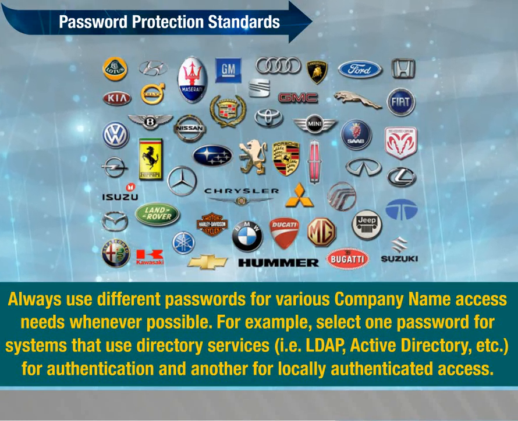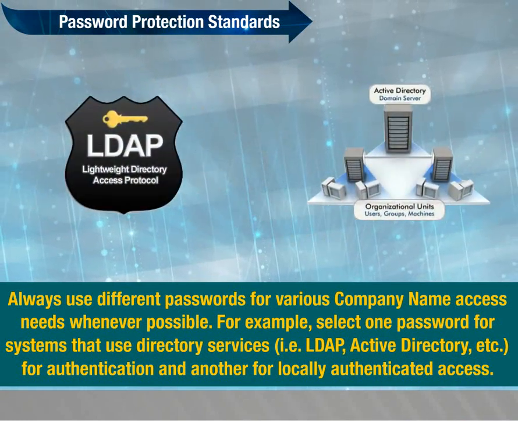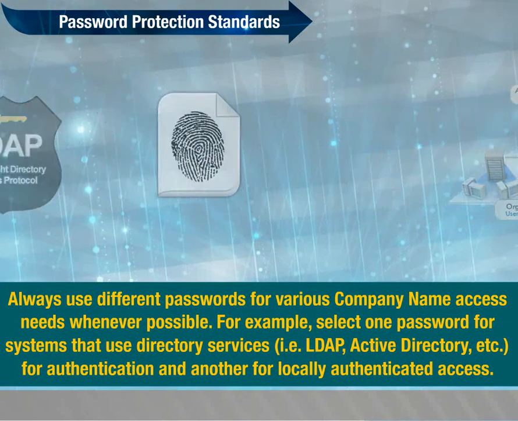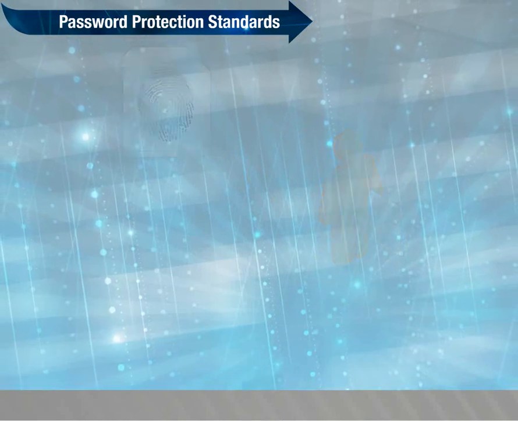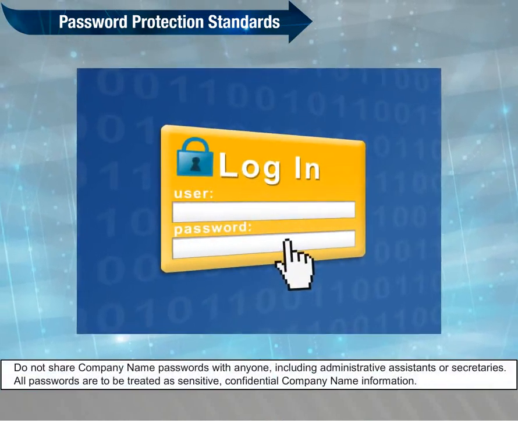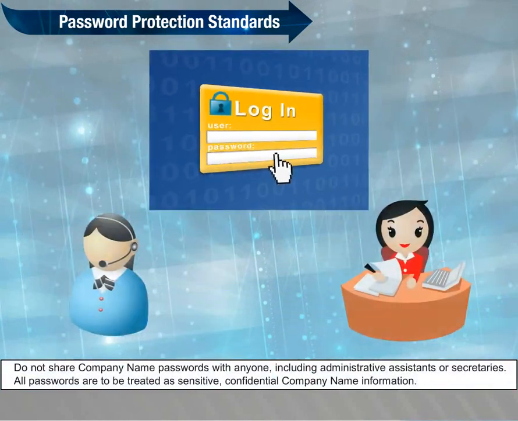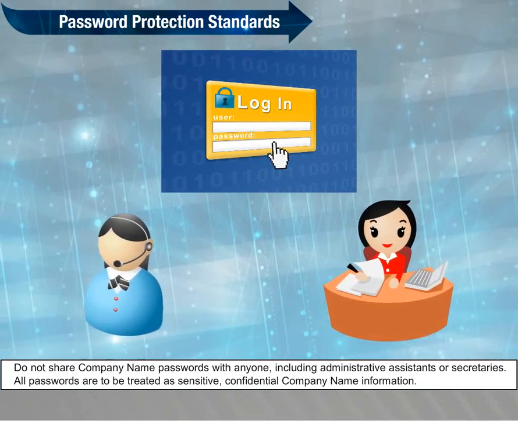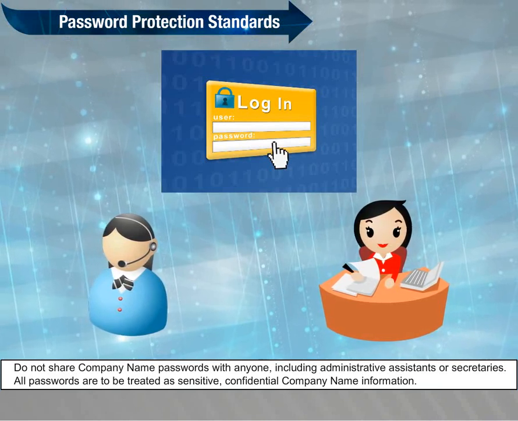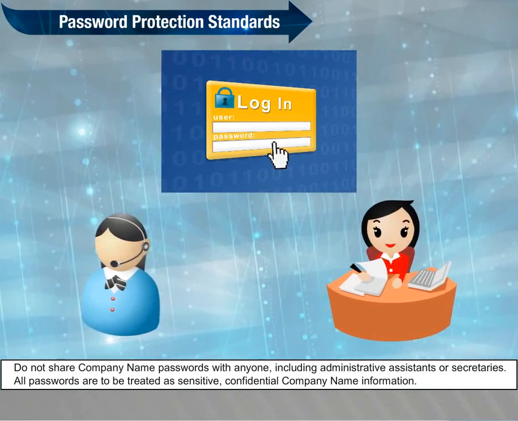For example, select one password for systems that use directory services, that is LDAP, Active Directory, etc., for authentication, and another for locally authenticated access. Do not share company name passwords with anyone, including administrative assistants or secretaries. All passwords are to be treated as sensitive, confidential company name information.